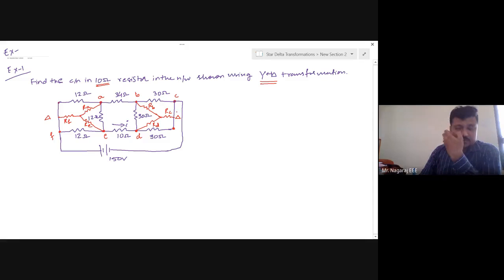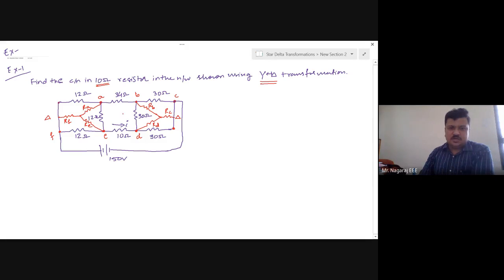Now you can observe from this red and blue combination, RA and 34 will come in series with RB. RE, 10 ohm and RD will come in series. So eventually the circuit complexity will reduce. Now there were 3 loops. After transformation from delta to star, I get only one loop, with a number of series connected resistances.